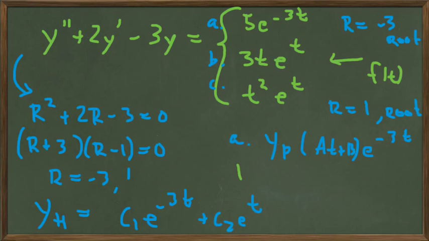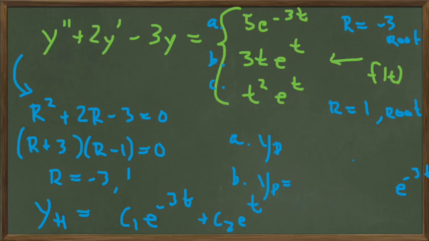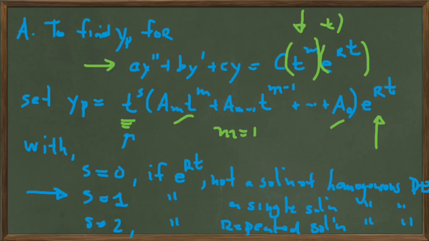In the case B, yp still has to have the e to the minus 3t. It starts off with the e to the minus 3t, and then it has to have a t to the power s equals 1.